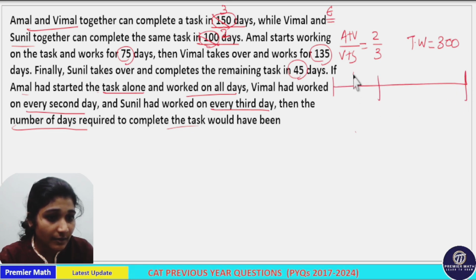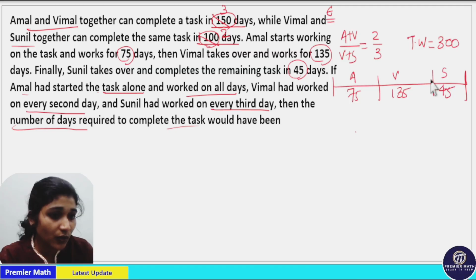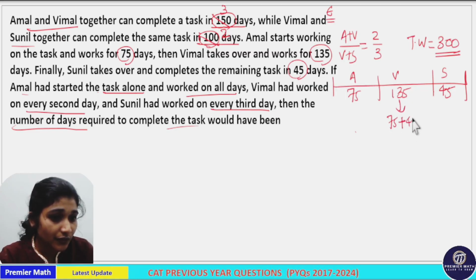Here Amal started the work and worked for 75 days, and Vimal takes over and worked for 135 days. Then Sunil takes over and worked for 45 days. Now all these three together complete the total 300 units of work. Now here I can split 135 as 75 plus 45 plus 15.